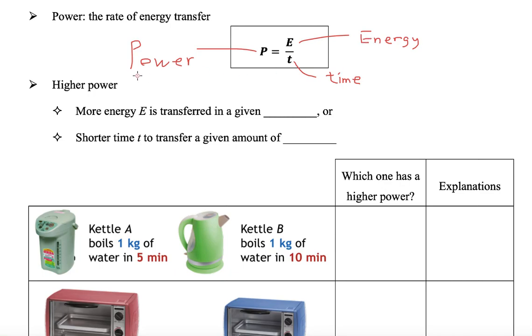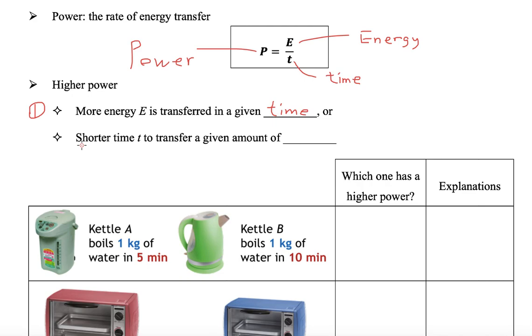If there is a higher power, then more energy E could be transferred in a given time, which means that within the same period of time, if that device can provide you more energy, then it has a higher power. And we write down this as number 1.